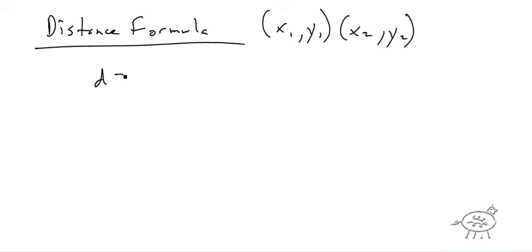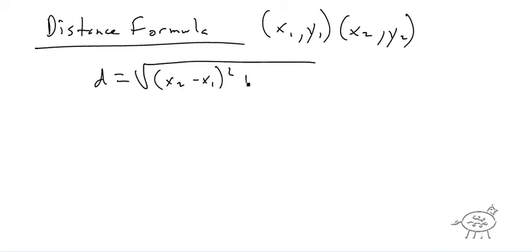And the distance formula is: d equals the square root of (x2 minus x1) squared plus (y2 minus y1) squared. This is derived from the Pythagorean theorem. D is your distance, so that's c, your hypotenuse. Then a squared is the difference between the x's, and b squared is the difference between the y's, and you square those.